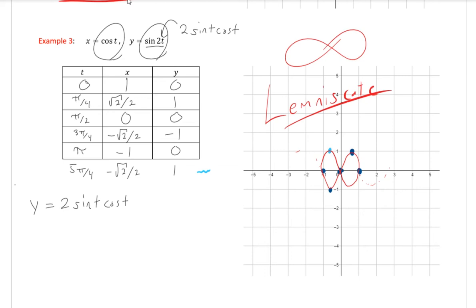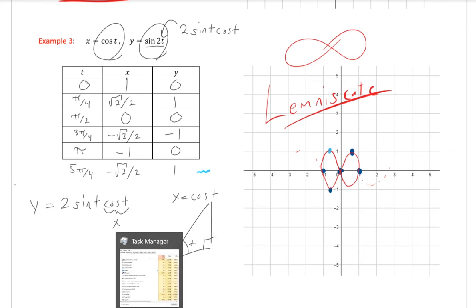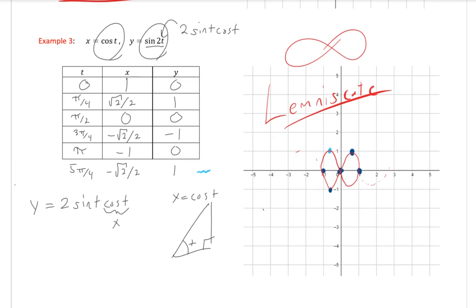Well, cosine t is just x. That's easy. But sine of t is not so much. However, if I'm basing it off of x equals cosine of t, I can work with something that we did before when we did trig substitution and think about this triangle that this would make with an angle of t. The angle of t would make cosine, which is adjacent over hypotenuse, would be x and 1.